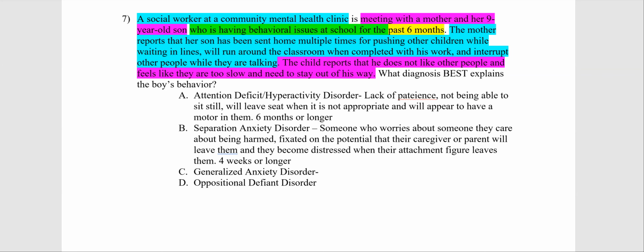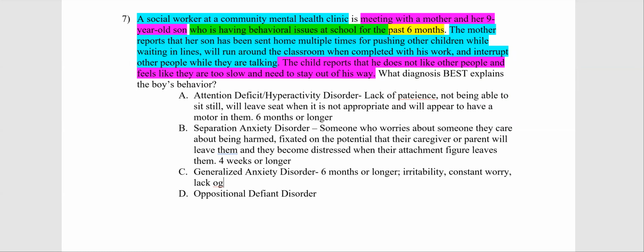And then generalized anxiety disorder, we're looking at 6 months or longer of irritability, constant worry, lack of concentration, and worrying about multiple things at the same time.